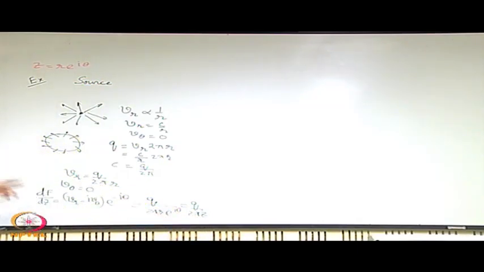Now what is the form of f? That you can find out straight away by integrating this. See, once you write it as a function of z, a single variable, it is as good as simple differentiation. So f becomes q by 2 pi ln z. So this is the form of the complex potential function f, and you can write it in terms of phi and psi.